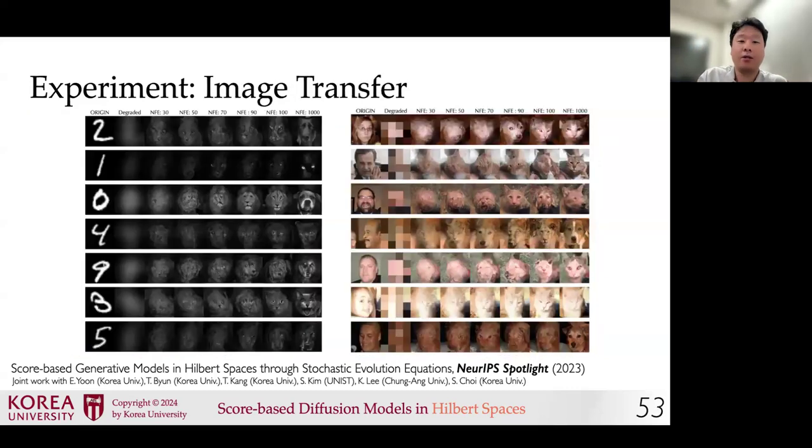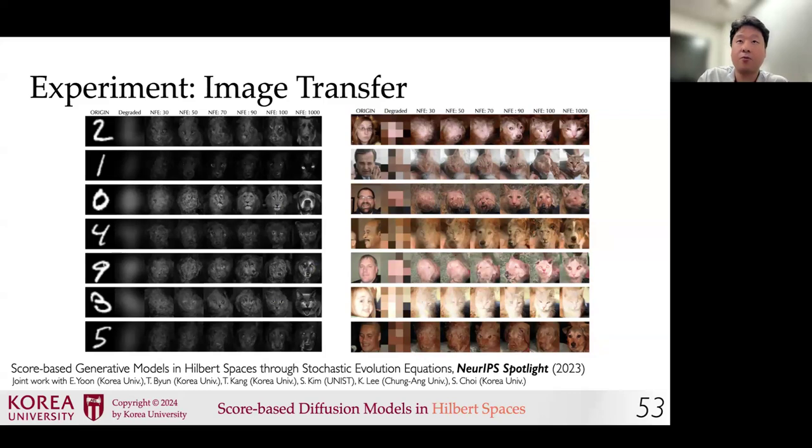This is another interesting result of the HDM SPDE. We can transform images from a different domain, like the MNIST domain. We take the blur operation on the MNIST data to get blurred images.